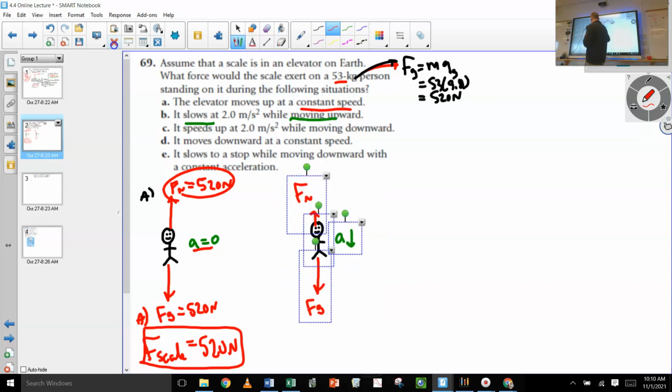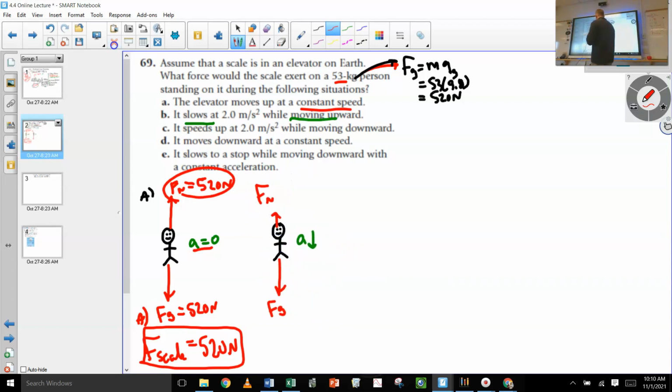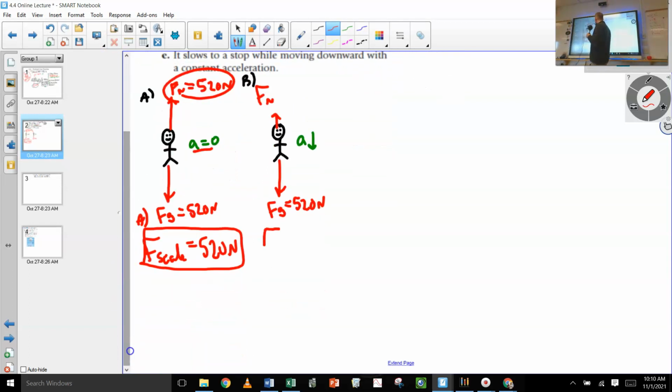So, whoops. Just going to move this over here a little bit. Let's figure this out. So I'm going to go F equals ma. Wait, I do know gravity. It's the same 520 newtons. So when I go F equals ma, I'm going to use the net force. I'm going to use all the forces acting on my person.